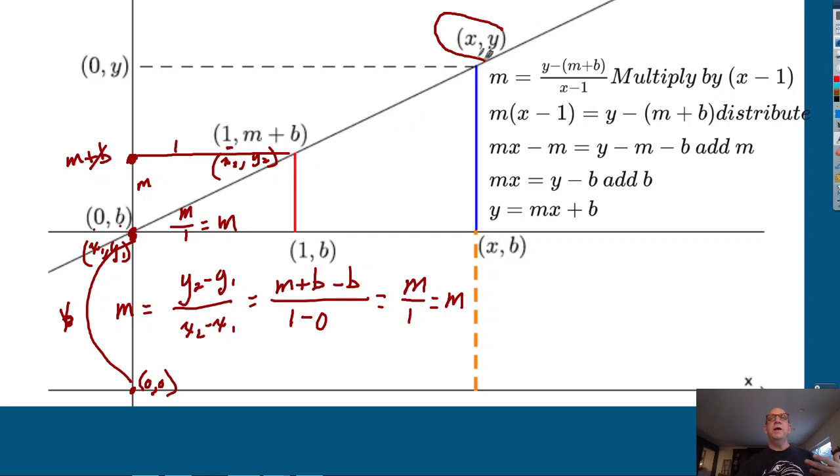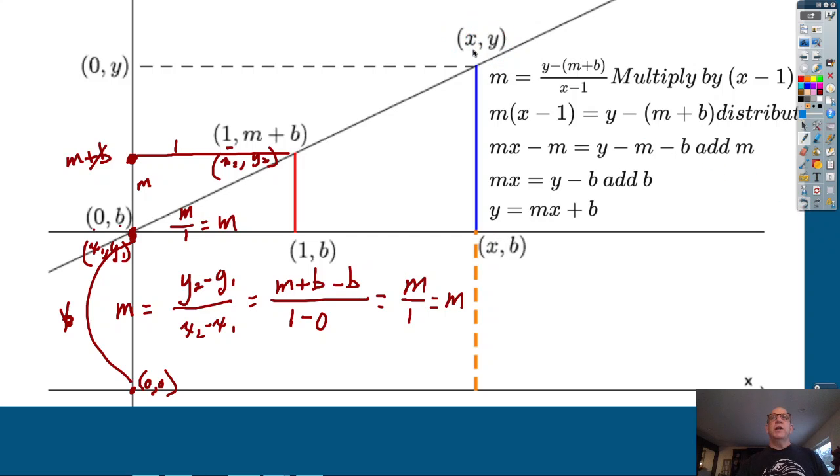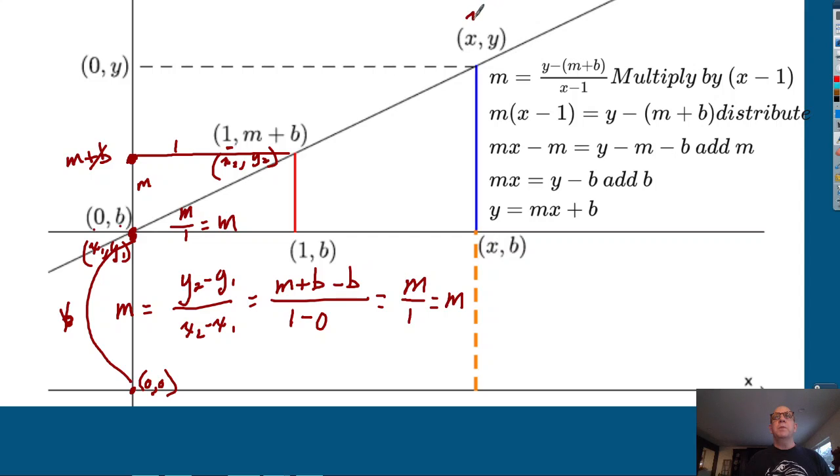Is the slope at any point still going to be m? So I've got a new point here, and I'm going to call this my new x2, y2, right? And this is still my x1, y1. So I'm going to subtract them. I'm going to do my slope formula again.